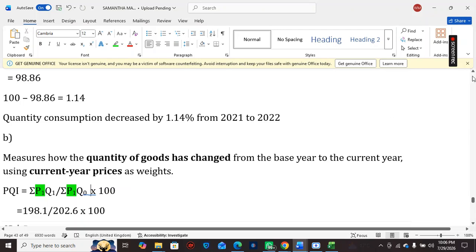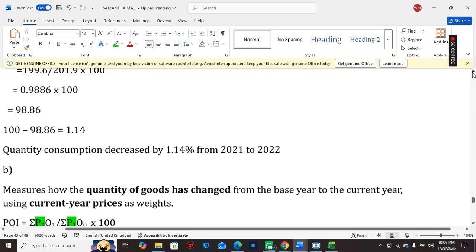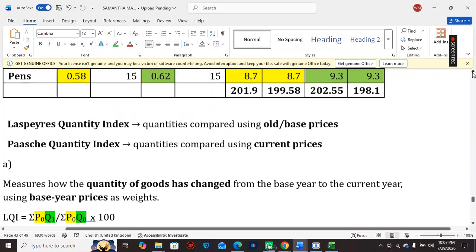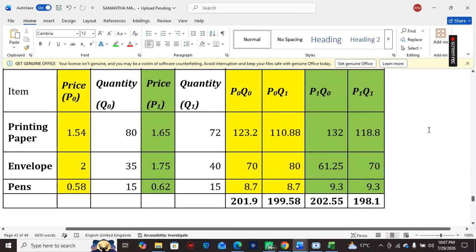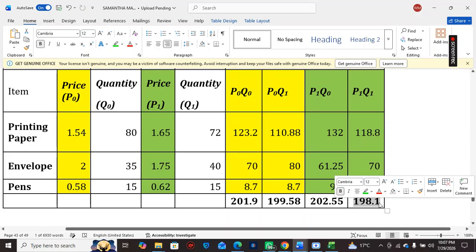So if we come to our table, the summation of P1 Q1 is 198.1, over the summation of P1 Q0, 202.55.